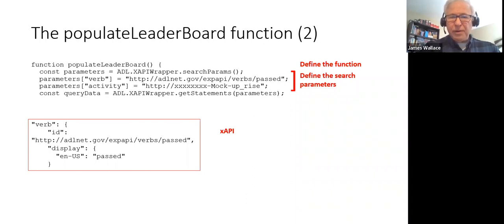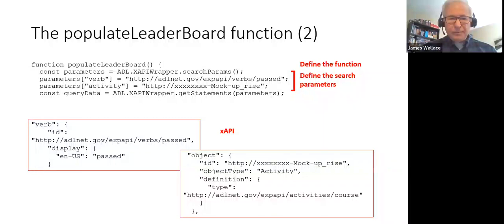So we've put that same verb name or verb ID in our query parameter. We also have an activity that we're looking for. So we put that activity ID in here, and then we execute this query, which calls a function from the xAPI wrapper. I'll talk a little bit more about that now.